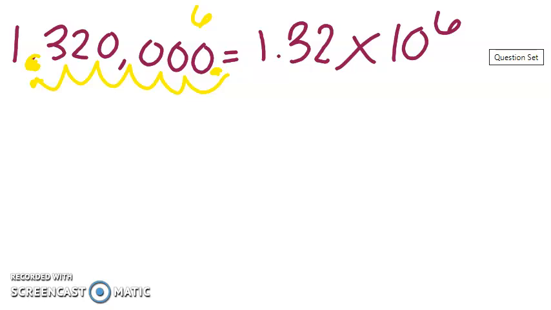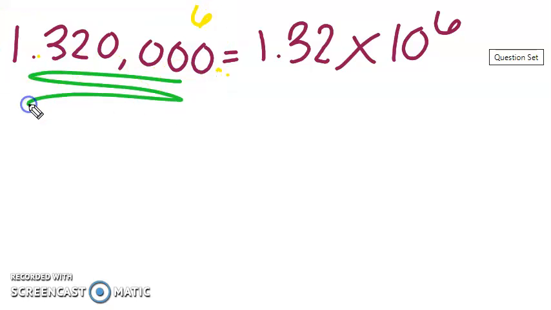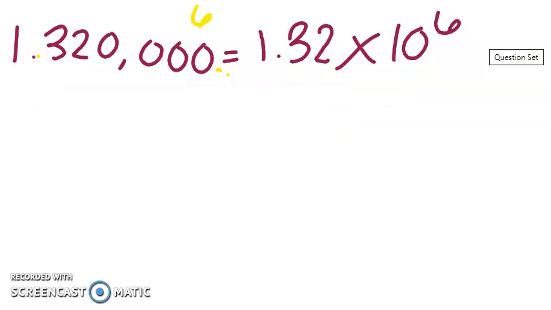Okay, the way that I tell my students to remember it is when the number is written out in standard notation, like it is right now, over here, if it appears to be a really large number, which this does, and it appears to be larger than our number over here, then it's going to be a positive exponent. Now, I say appears to be larger because technically they are the same number. But this number to our left does appear larger than this number over here to the right. And so therefore it's going to be a positive exponent.